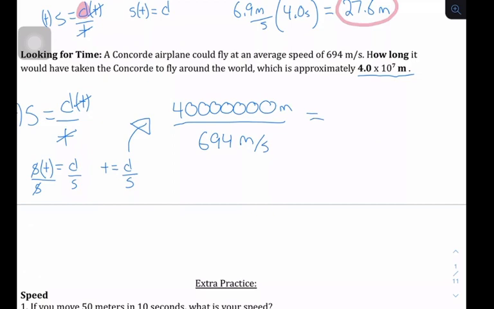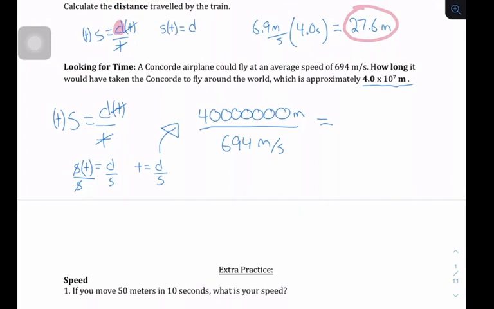Punch that in my calculator. That time ends up being 57,636.89 seconds.